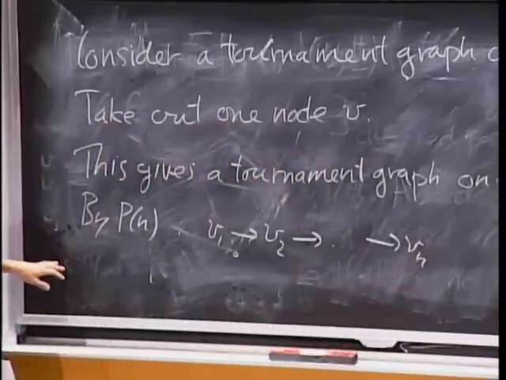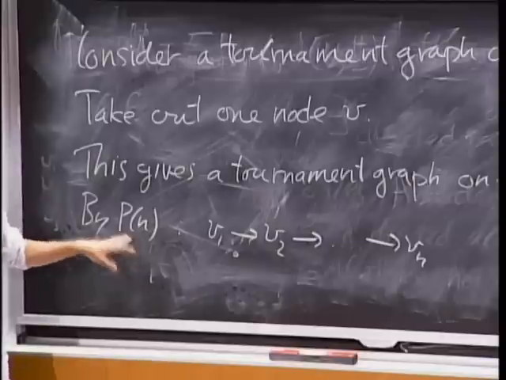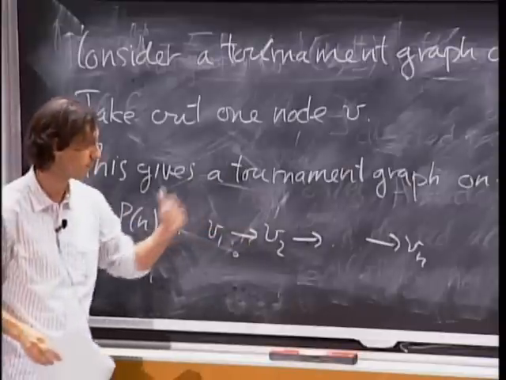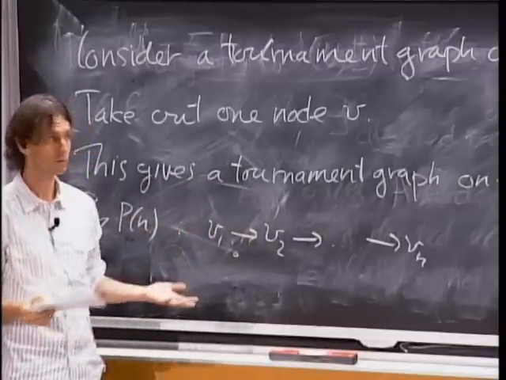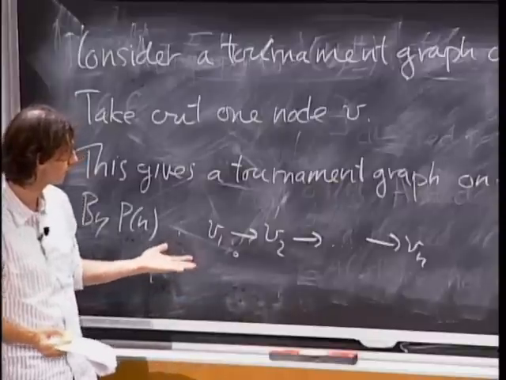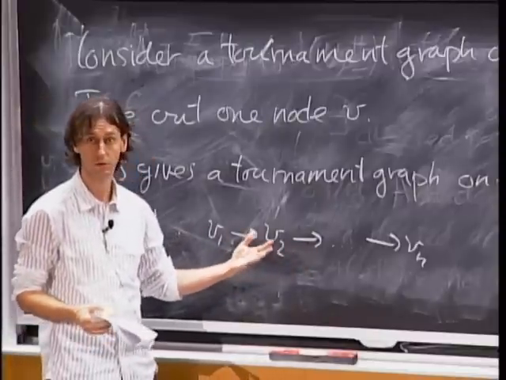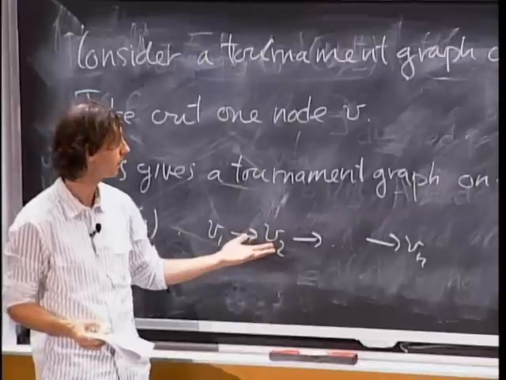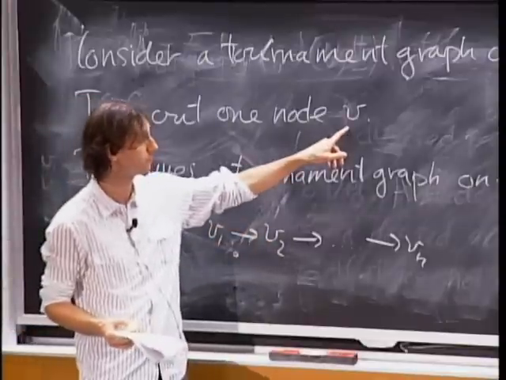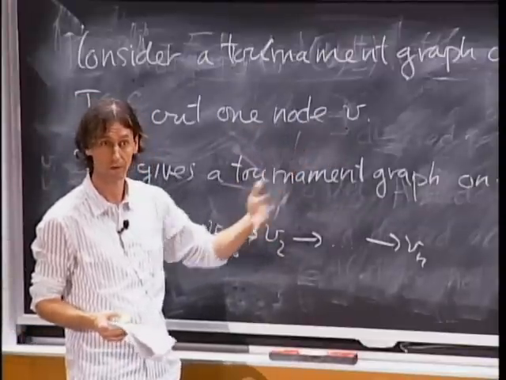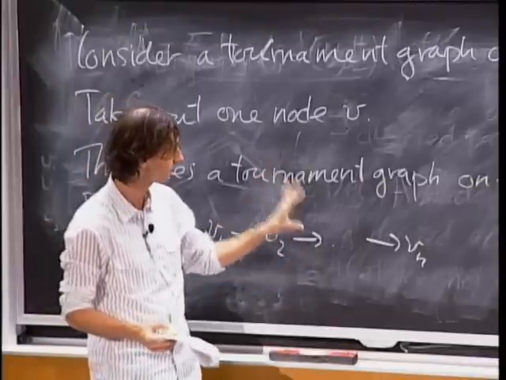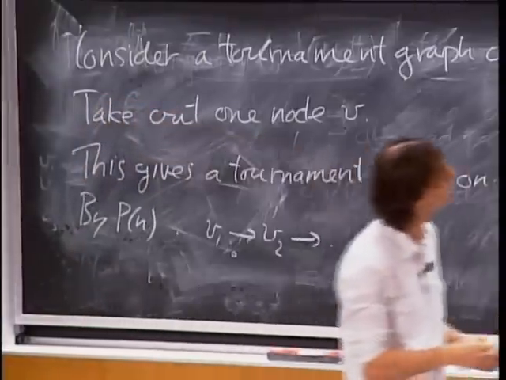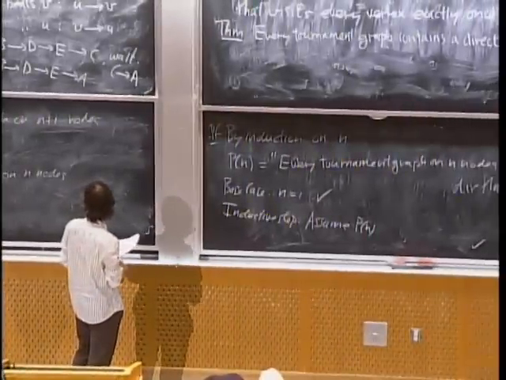So now that we can use this, we apply it, and we get a path. So now, what do we want to do? We want to show that we can create a new path, which is also a directed Hamiltonian path, but now one that also includes V in the bigger graph. If we can do that, we're done. So now we have to start really looking at how we can make that happen.